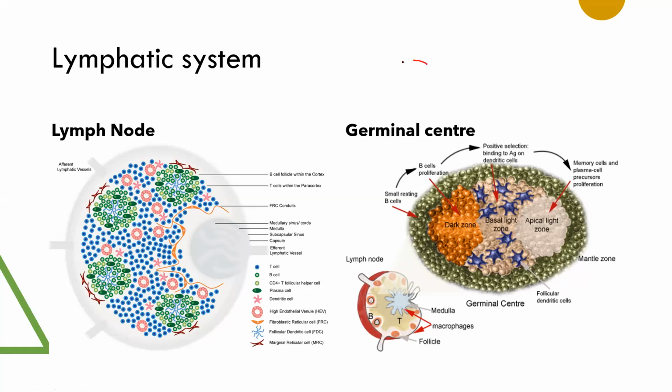So let's assume this is our tissue. Within the tissue, we have interstitial fluid. Our tissue is fed by arterioles on one side and venules, let's say, on the other.